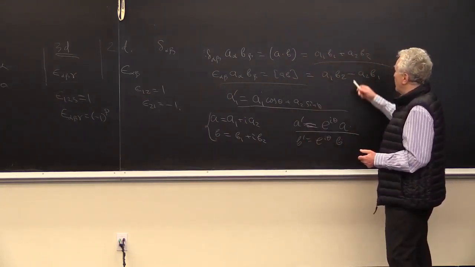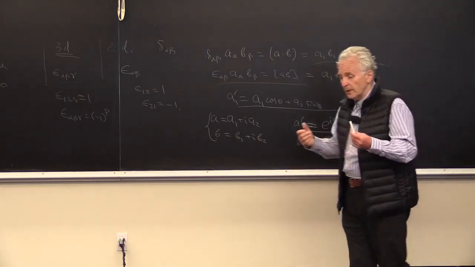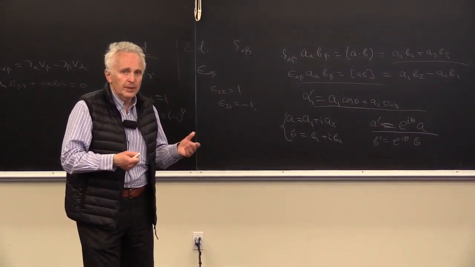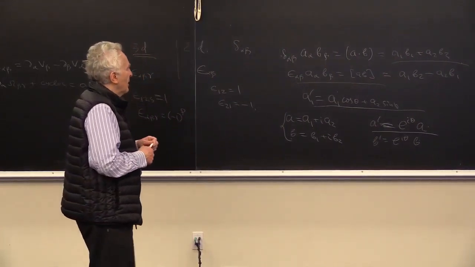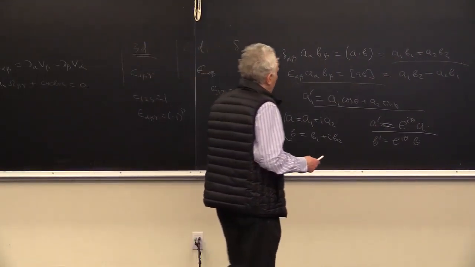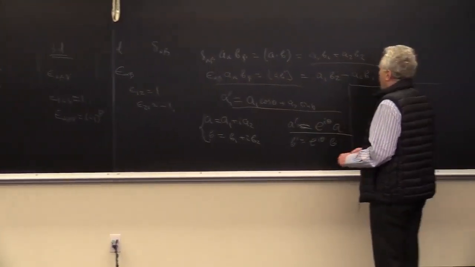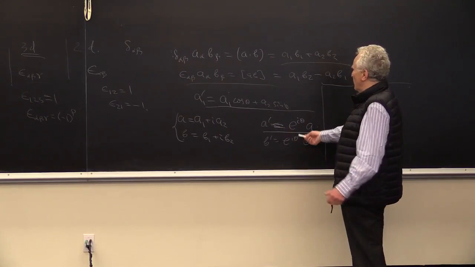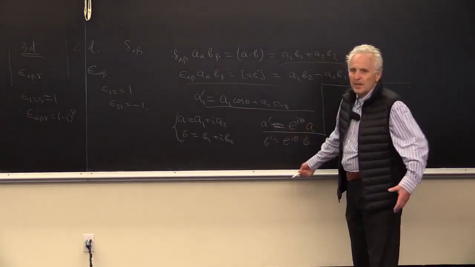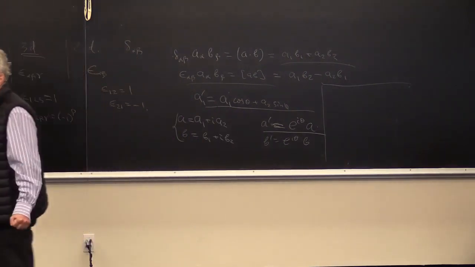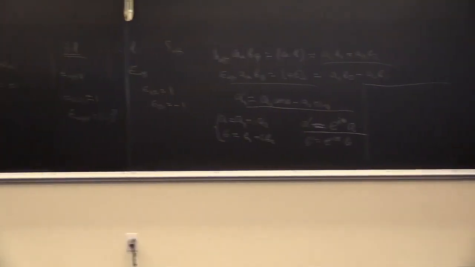And now we have to form two scalar products, two quantities which are invariant under rotation. How do we do this? When you have A and B, what will be the simplest combination which is invariant under rotation?